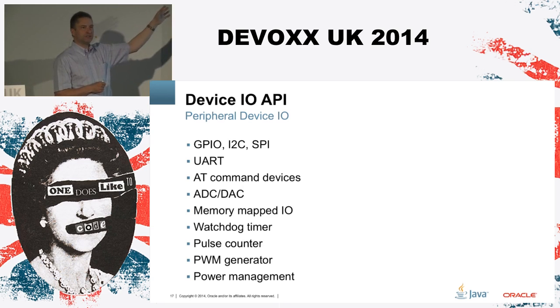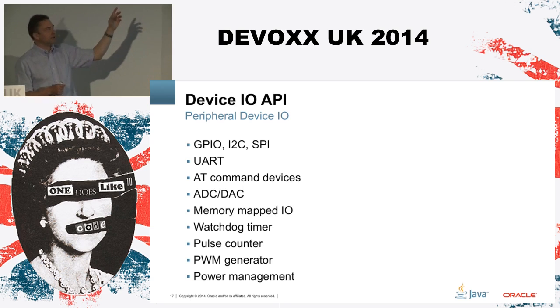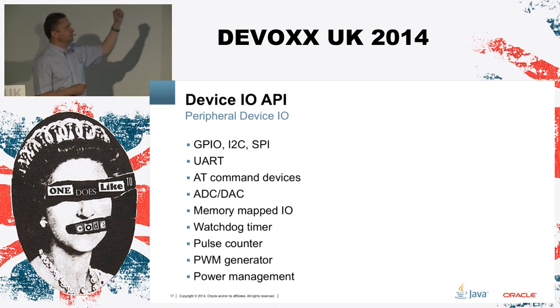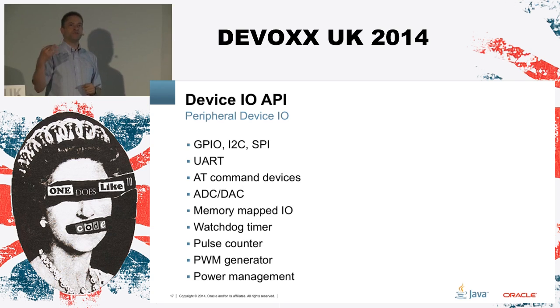There's things like I2C, which is the inter something or other communication, I can't remember exactly what it is. SPI as well is a very well-used interface for different types of sensors. So you can connect on a bus, you can have multiple things on that bus, and you can communicate with that from the device I/O API. UART for serial communication.